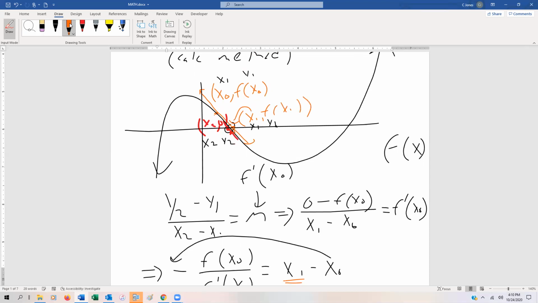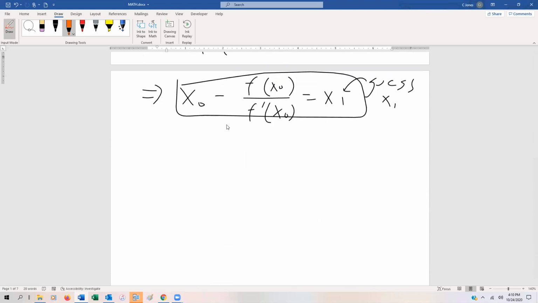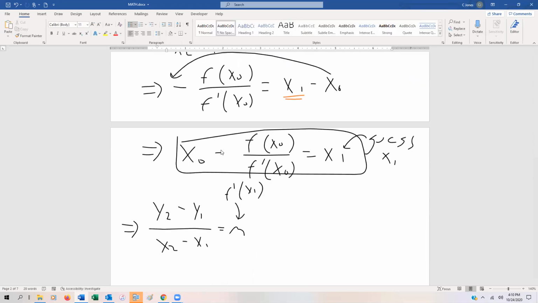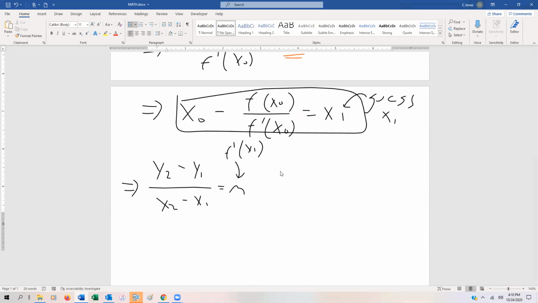Let's go ahead and do this one more time so I can illustrate where the formula is coming from. Finally, remember our formula: y2 minus y1 over x2 minus x1 is equal to m. Now m this time is the slope at x1. We're trying to find the equation of the tangent line, and the point that we have is the one on the curve, which is x1.